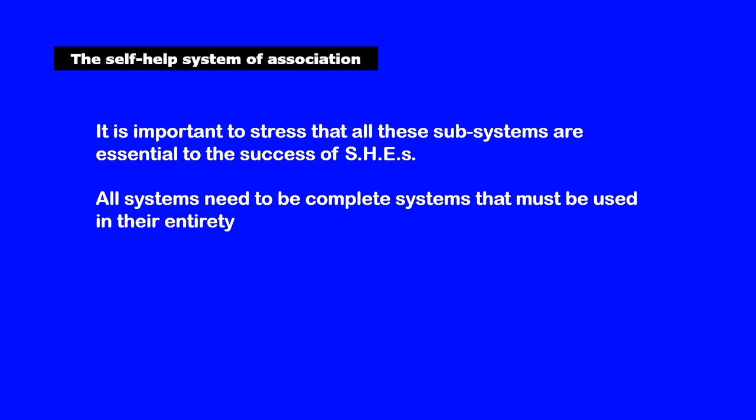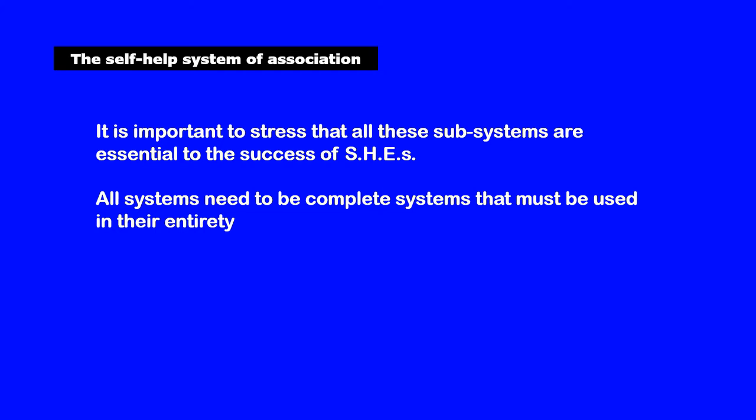All systems need to be complete systems that must be used in their entirety. Otherwise, the purpose of the enterprise may soon become displaced by an alternative that is most likely to become the preservation and enhancement of the lifestyles of those currently running the enterprise.